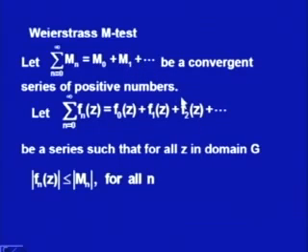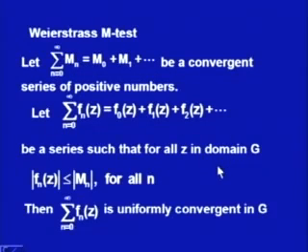So, if you compare term by term, the terms of this series are smaller than the terms of this series. If the series of M_n is convergent, then this series will also be convergent. Accordingly, the summation of f_n(z) is uniformly convergent in G.